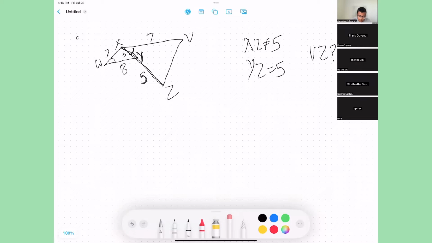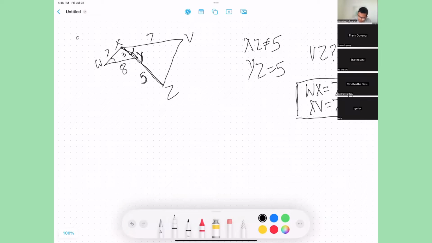So you're given that WX is equal to 7, and you're given that XV equals 7, right? You can just look at the diagram, and this is what it says. So this is a useful piece of information we need to solve the problem.